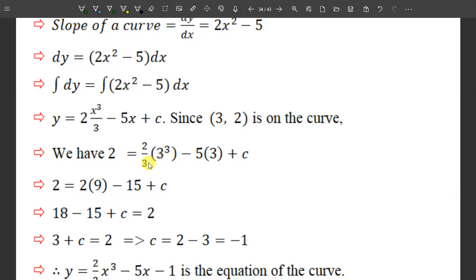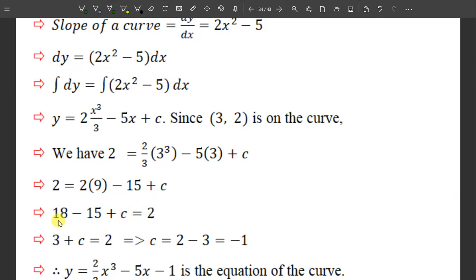When 27 is divided by 3, it gives us 9. 2 times 9, minus 5 multiplied by 3, which is 15, plus c. 2 times 9 becomes 18. So 18 minus 15 plus c is equal to 2, the value of y.